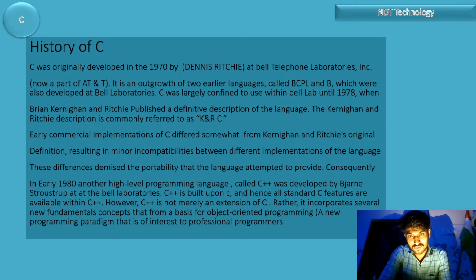Every book also has some descriptions. It may be mandatory to write a description before you start any propaganda. The Kernighan and Ritchie description is commonly referred to as K and R C. Early commercial implementations of C differed somewhat from Kernighan and Ritchie's original definitions, resulting in minor incompatibilities between different implementations of the language.